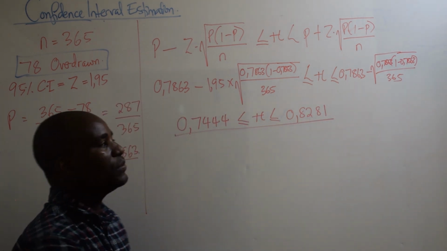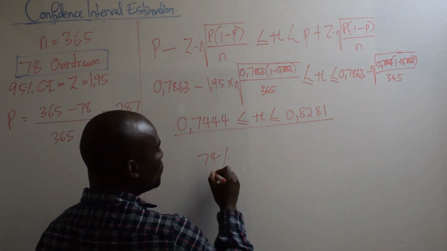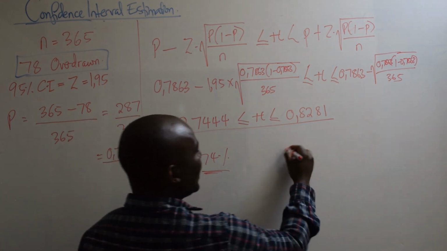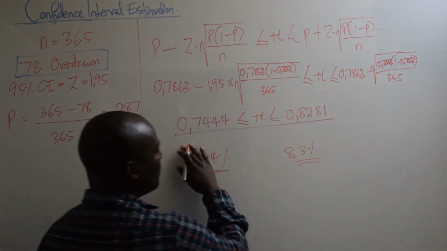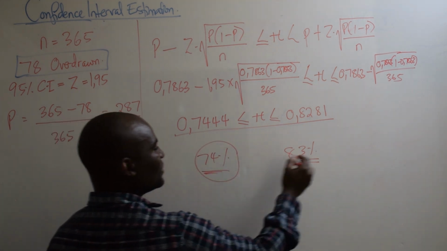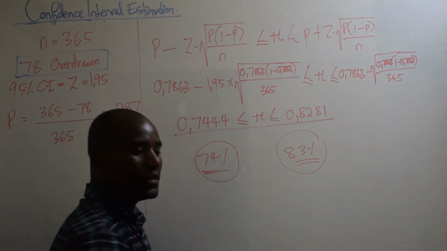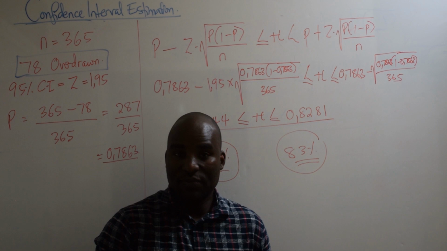So we can conclude that between 74% and 83% rounded off, but I would prefer that you show the answer here. What I'm just trying to say is between 74 and 83% of the bank accounts were not overdrawn.